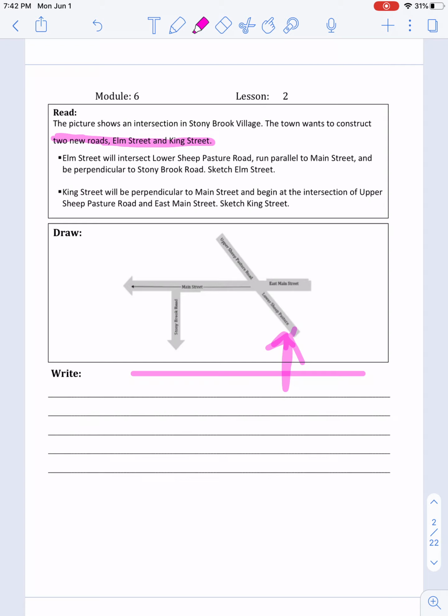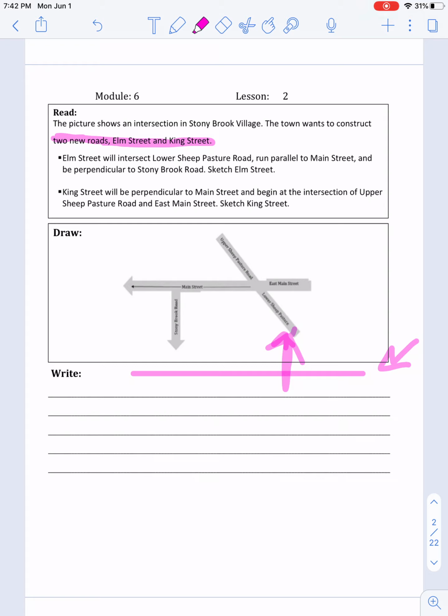Okay? If I kept my street here, it does not intersect that Lower Sheep Pasture Street. Okay, so it says Elm Street will intersect Lower Sheep Pasture Road, run parallel to Main Street, so we got those 2, and be perpendicular to Stony Brook Road.